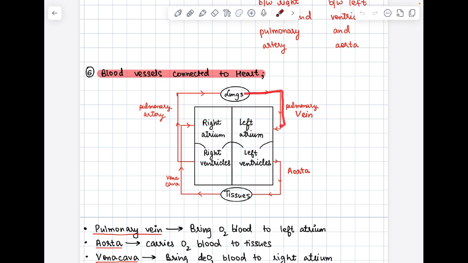So from lungs to the left atrium, the oxygenated blood passes through the pulmonary vein, and after left ventricle it passes to the tissues through aorta, and then from tissues to the right atrium deoxygenated blood passes through the vena cava, and from the right ventricle it passes to the lungs through the pulmonary artery to exhale out.